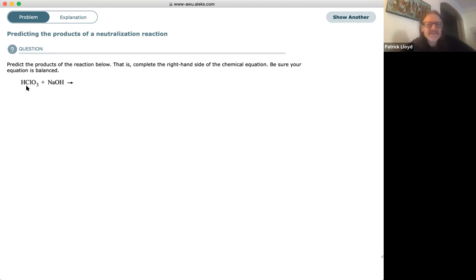So the format's the same, H plus ClO3 minus, NaOH plus minus. We're going to do this as a double replacement. Do the right side of the equation and then balance it, okay? So we have HClO3 plus NaOH.